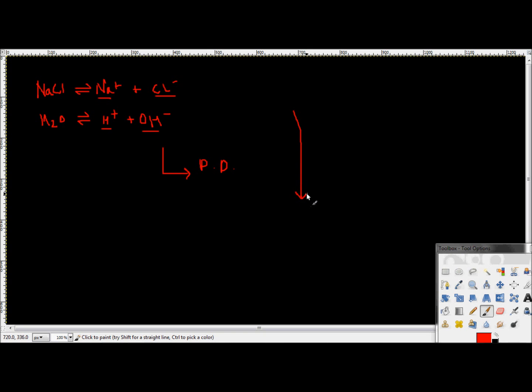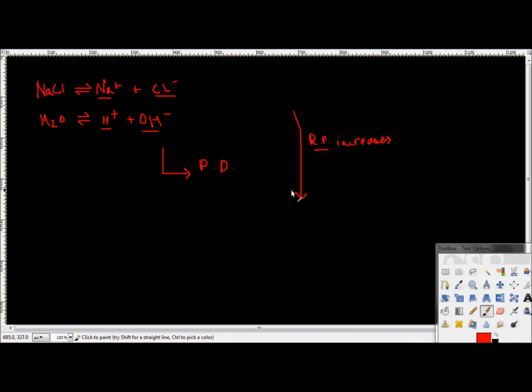I'll tell you a good way to remember it. It's pretty easy, I'll come to that. But as you go down, the reduction potential increases. Reduction potential is nothing but the tendency to get reduced, and reduction is gain of electrons.